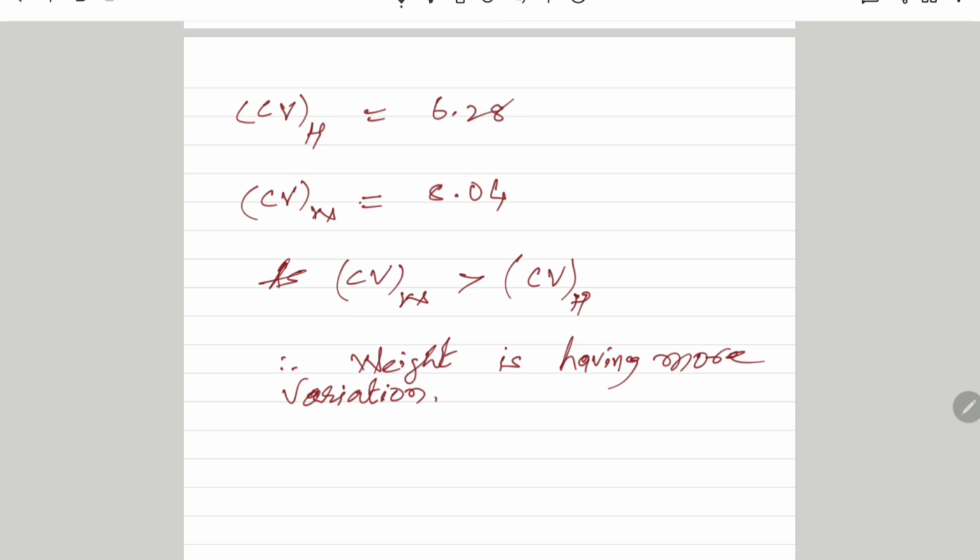Therefore, weight has more variation compared with the variation in height.